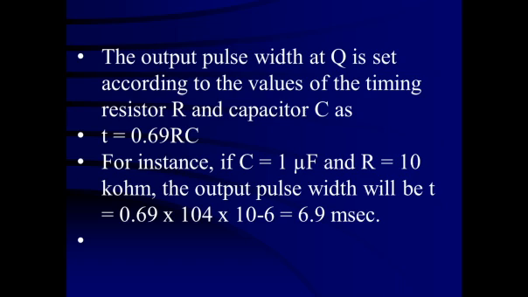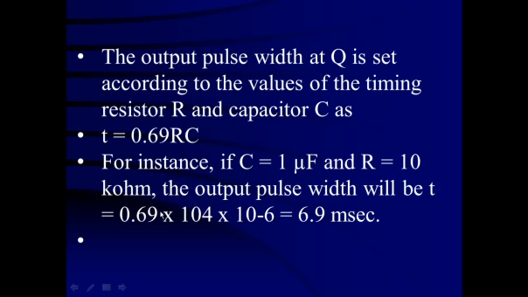Remember this important point. The output pulse width at Q is set according to the values of the timing resistance R and capacitance C, as T is equal to 0.69 times the value of R into C. Now one example is given. For example, if C is equal to 1 microfarad, that means 10 raised to minus 6 farad, and R is equal to 10 kilo ohms, that means 10 into 10 raised to 3, so 10 raised to 4 ohms.